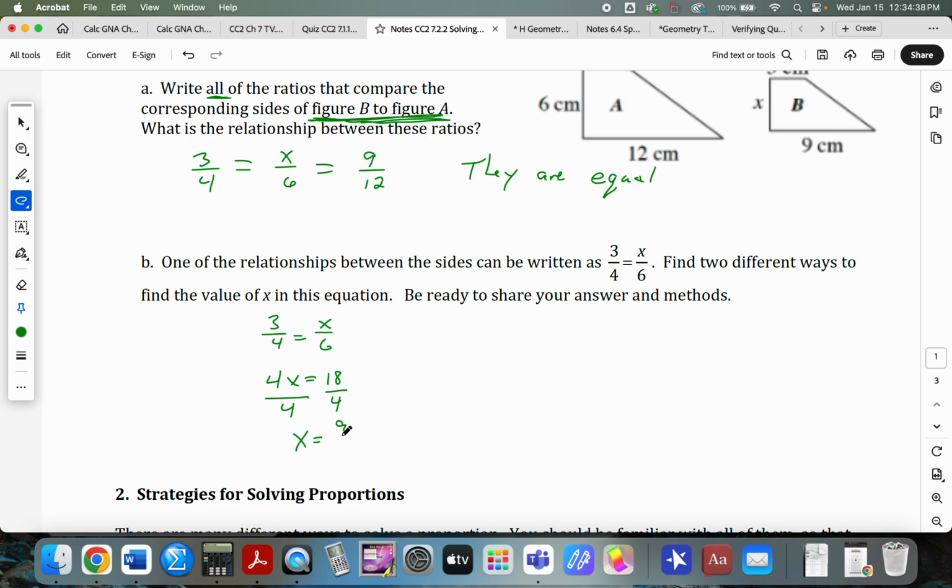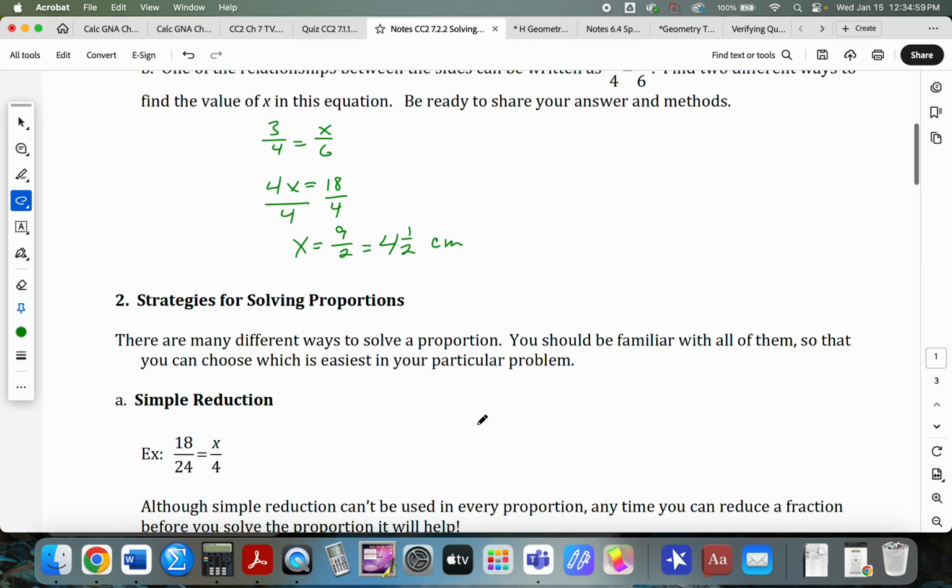I'm going to reduce it first. That's 9 over 2, which is 4 1/2. And the units were centimeters, so that's centimeters.